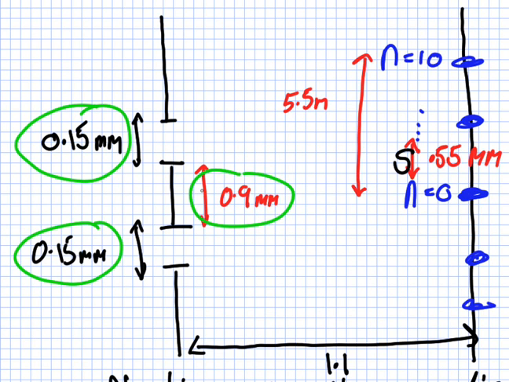Looking like the d is the gap between the slits, not the width of the slits. It is the gap between the slits.